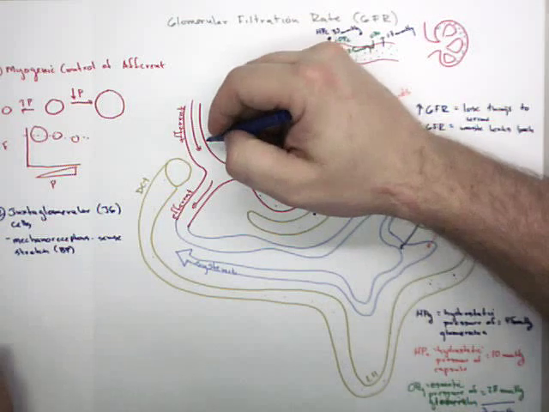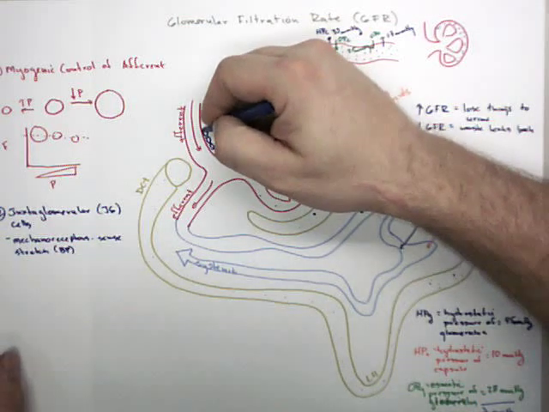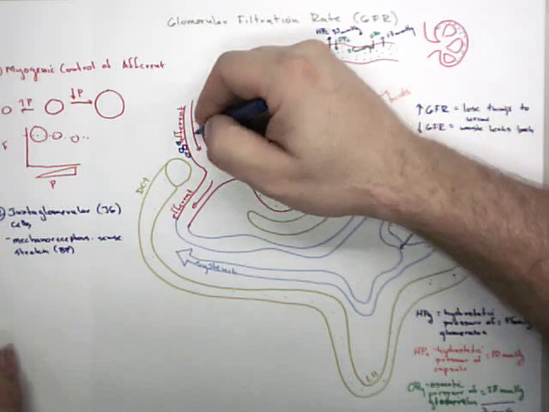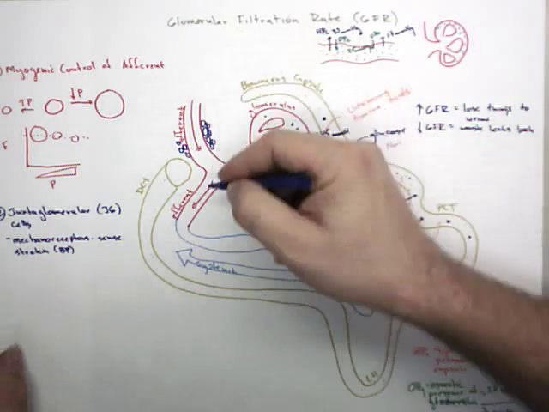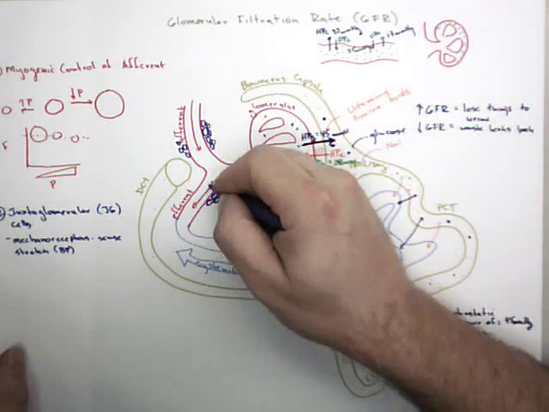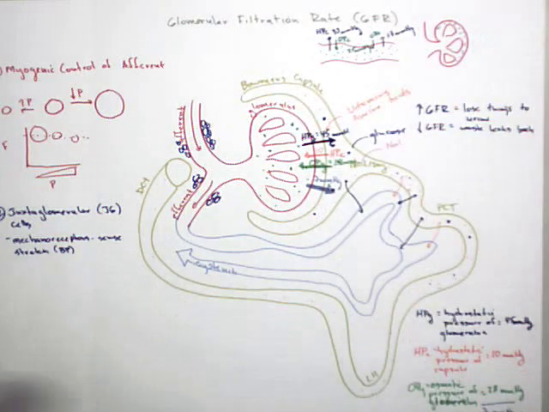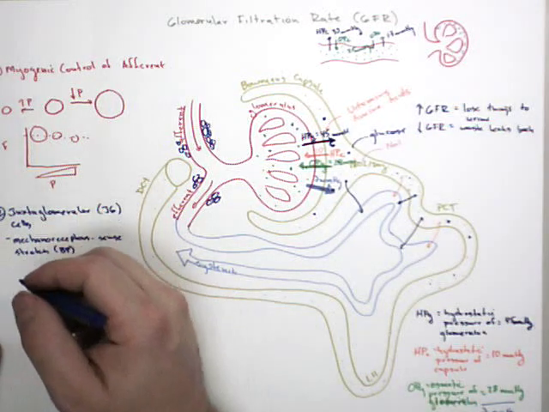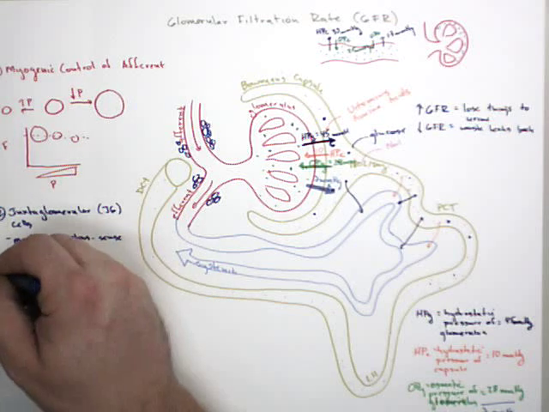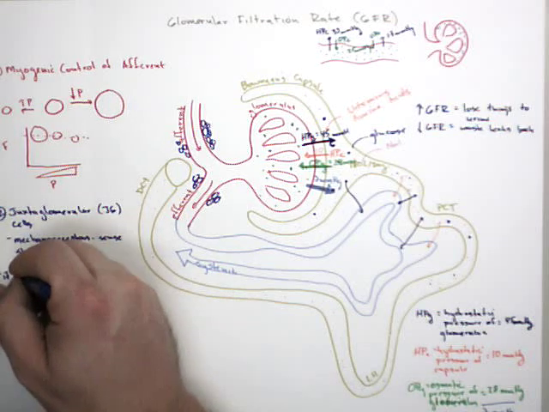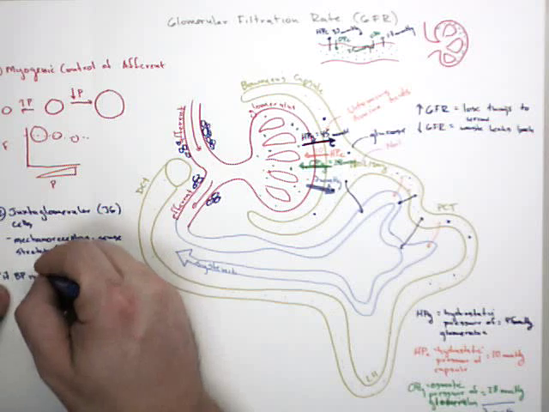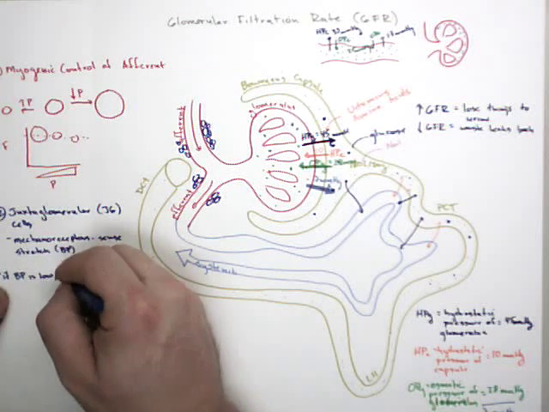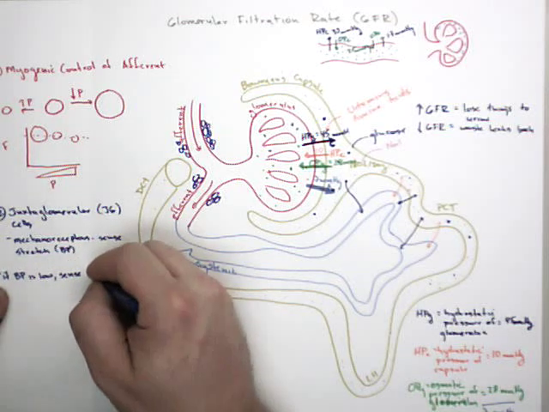They hang out near the afferents. Now there are a few down here too, along the efferent, but mainly they're around the afferent. What they're going to do is sense if BP is low, they will sense low stretch.